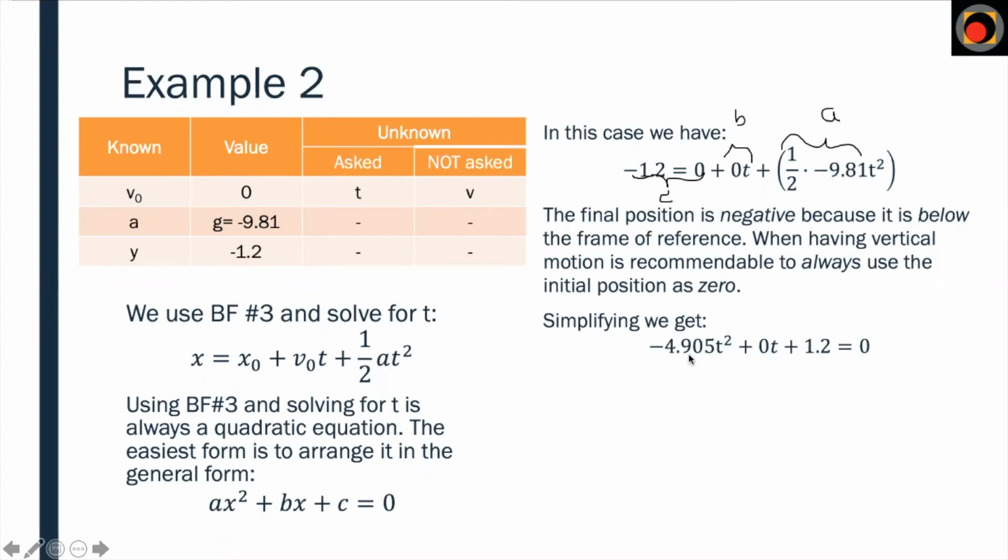So minus 4.905 t squared plus 0t, why 0t? Well, because the initial velocity was 0, okay, plus 1.2.